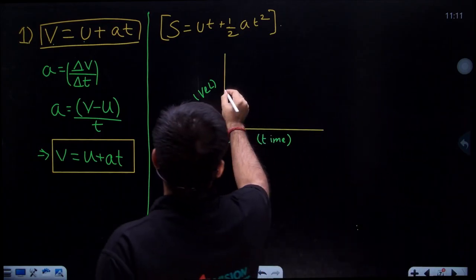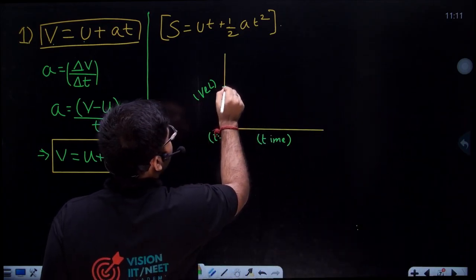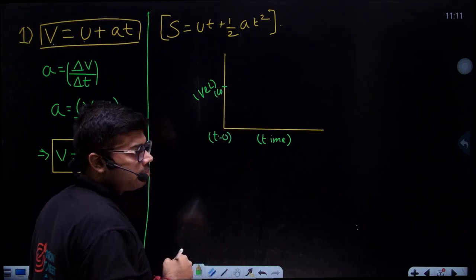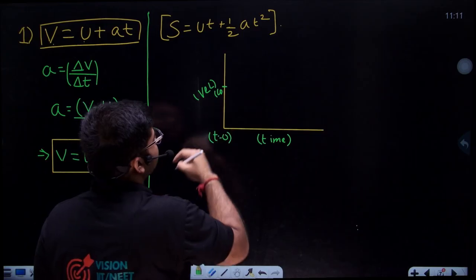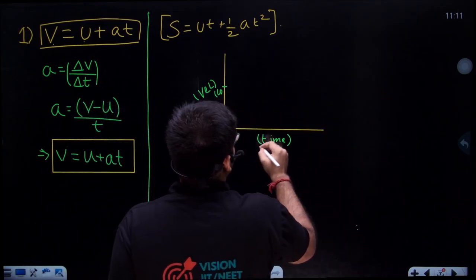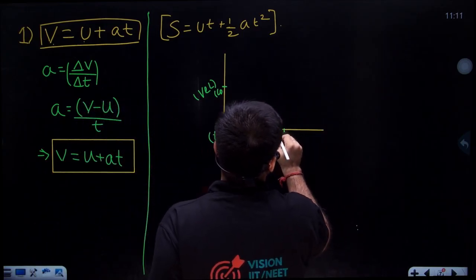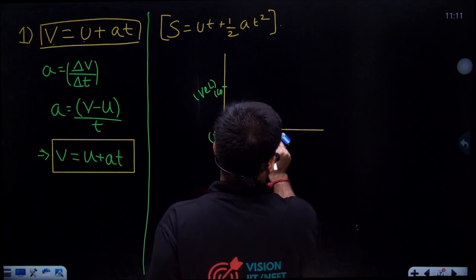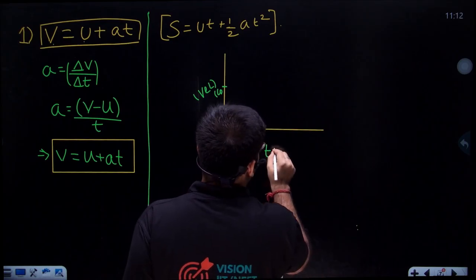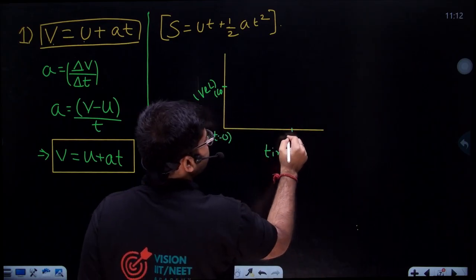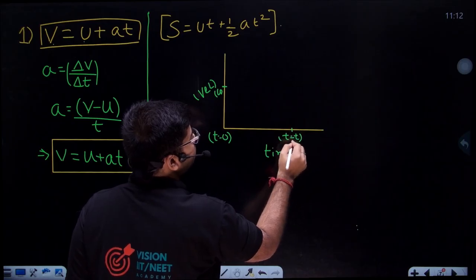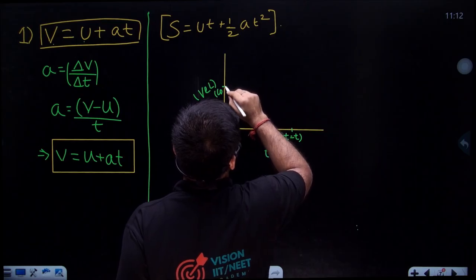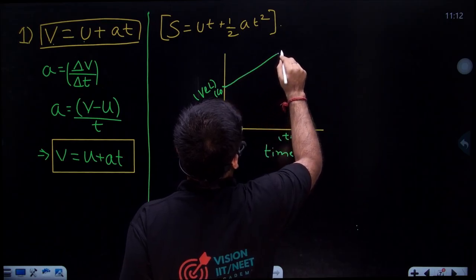So what I can say is that the body is having some initial velocity which is u, this is u at time t is equal to 0, and at time t is equal to t, the body is having a velocity more than u, so it has gone something like this.